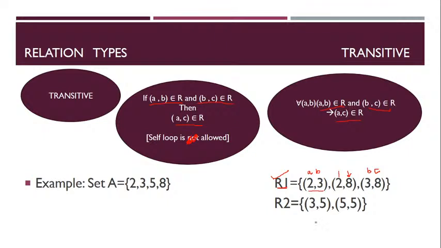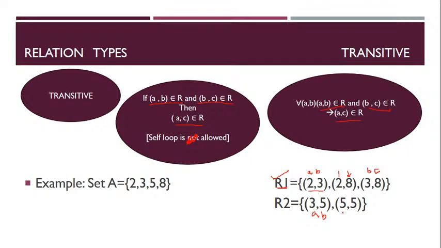In R2, this is A and this is B. So A is 3, B is 5. Now this is B, B, that is the self loop. So we don't have a situation of BC. In case of R2, we have a situation of AB, but BC is not present.